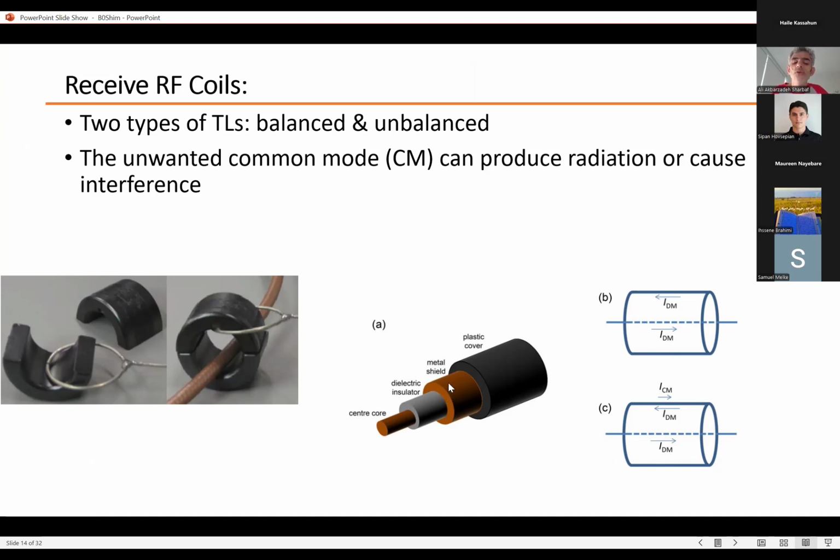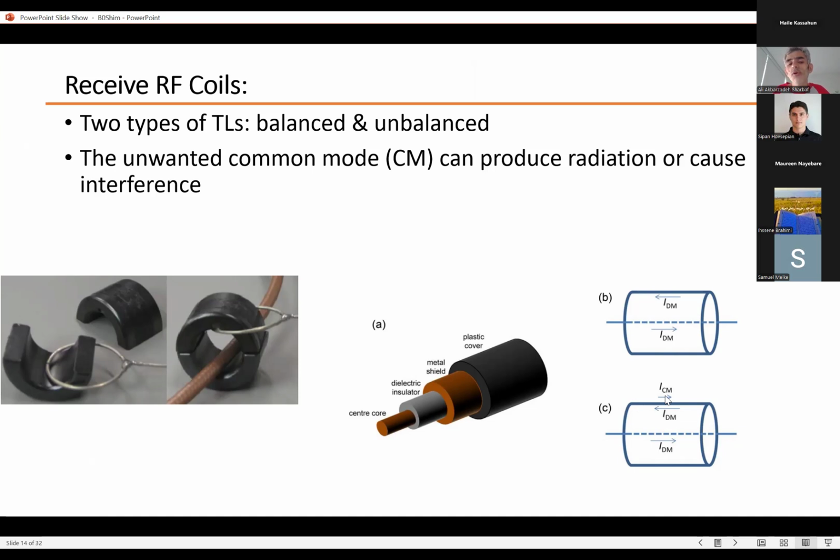So these two do not have the same impedance. So what happens, in addition to these two currents, another current known as the common mode current actually flows over the outer side of the shield.